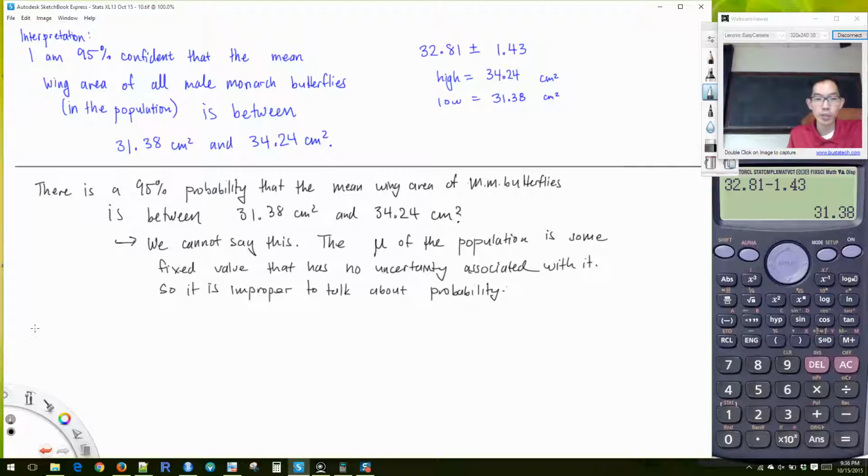So when we talk about 95% confidence, what does this mean?